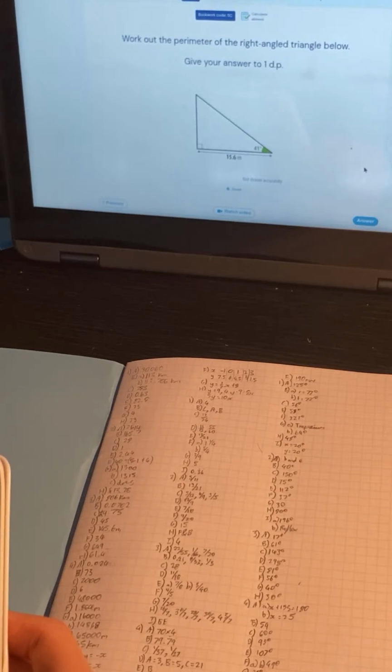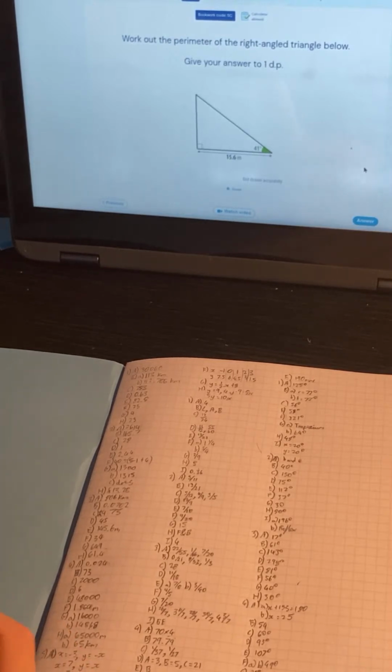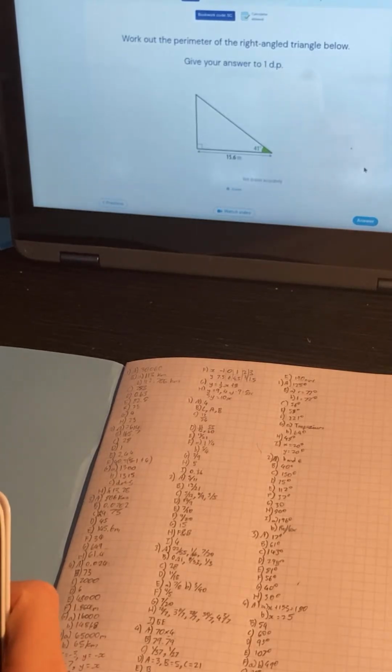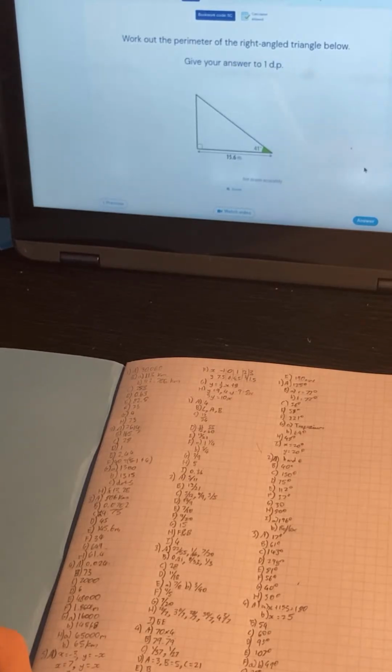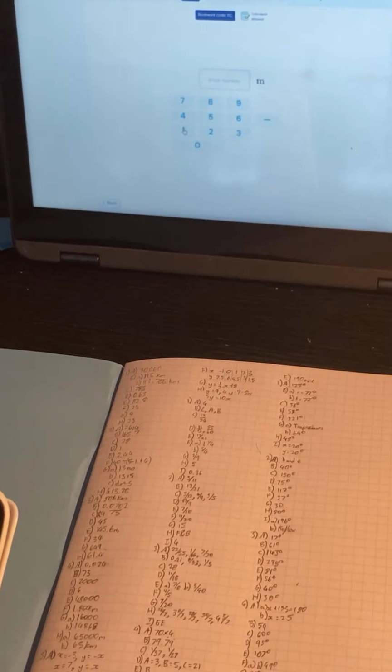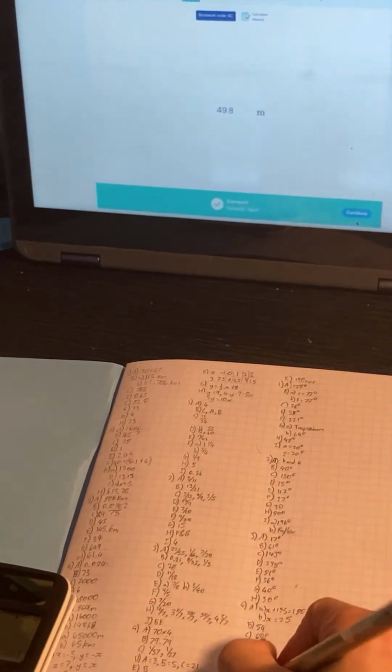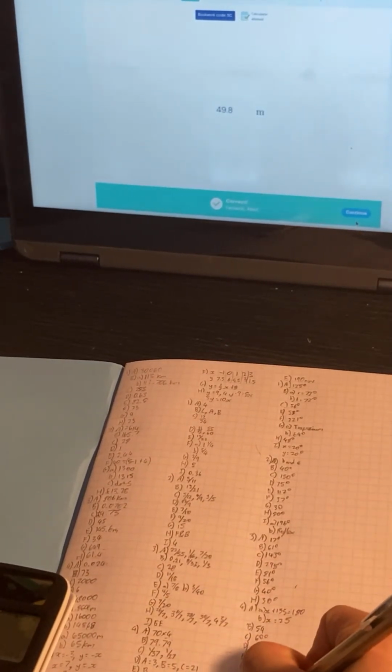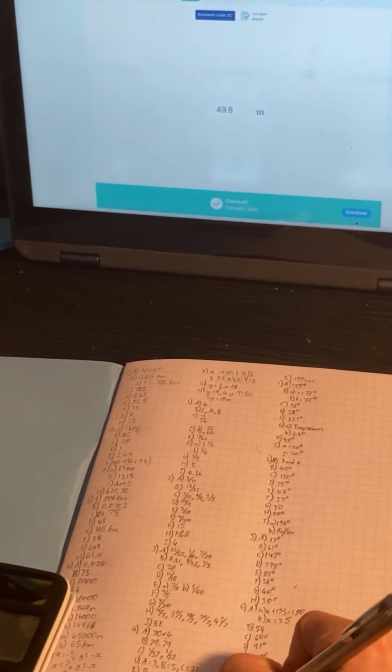So 15.6 over cosine of 41. Forgot it's special. Okay, answer plus A. That's 15.6, 1 DP, 14.8. Not 14, 49.8. Yes, it's correct. 49.8 meters. D.